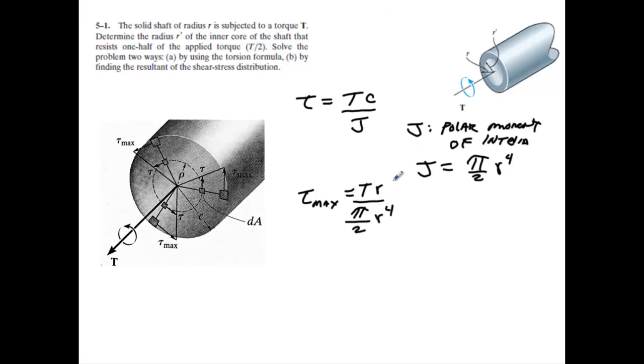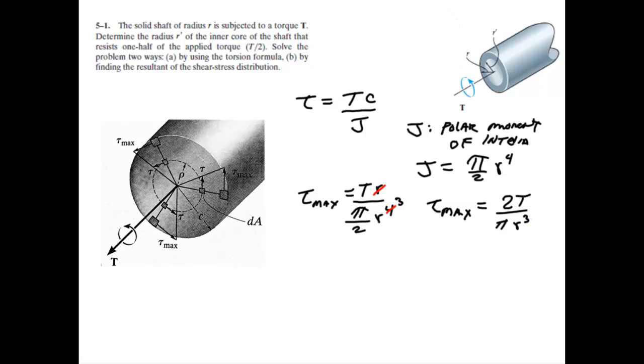So let's start canceling things out. The 2 we can bring back to the top. That's going to give us a max shear equal to 2T over pi times the radius to the 3rd power. I meant to change that, I apologize.